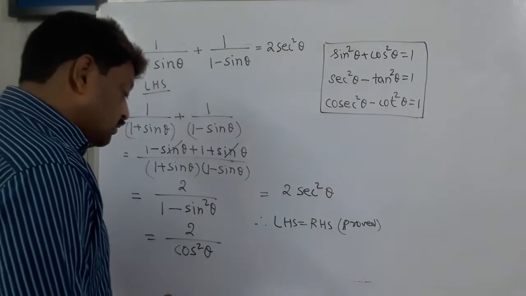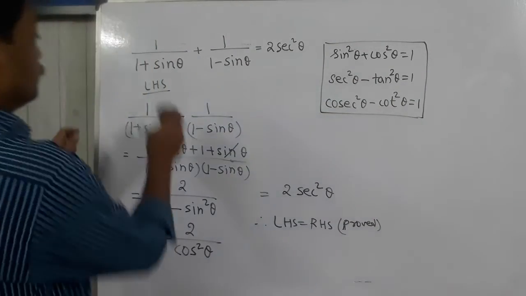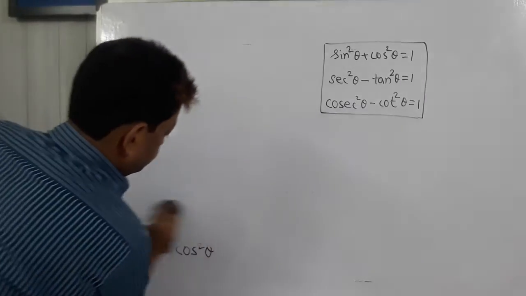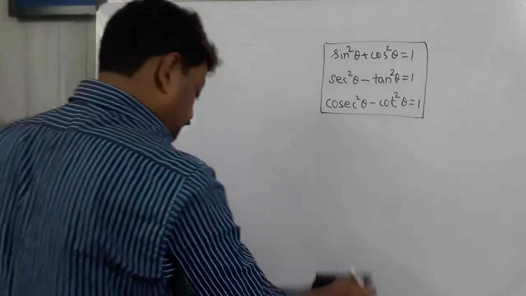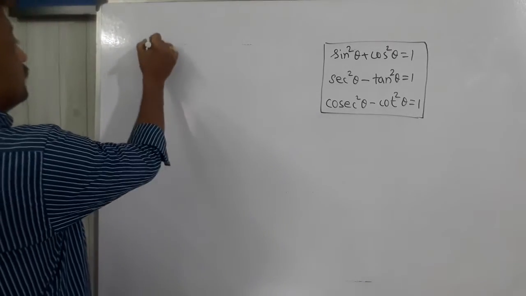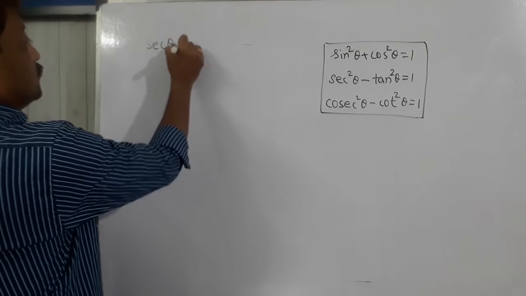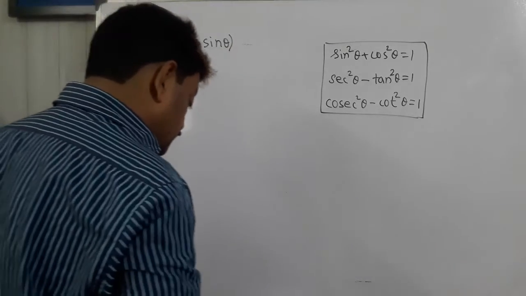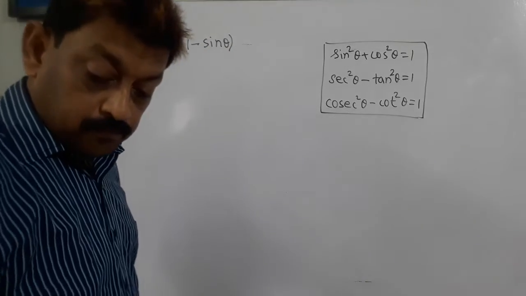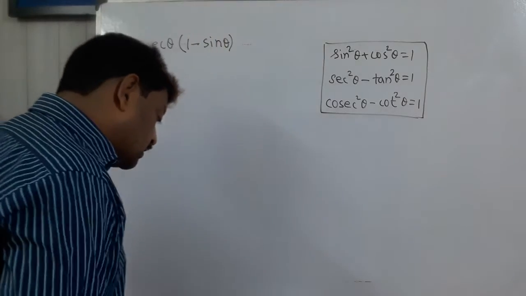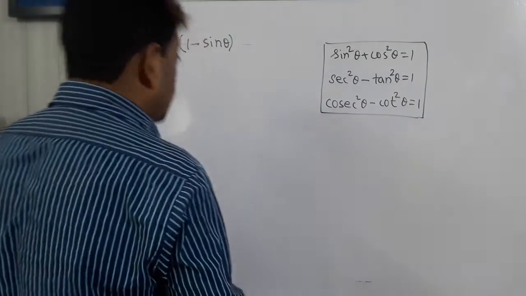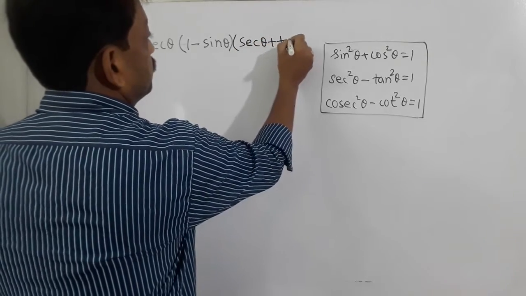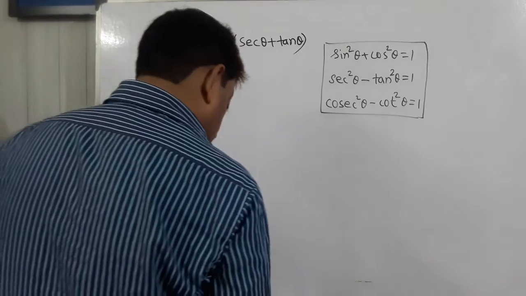Now I am going to solve one more problem. Sec theta multiplied with 1 minus sine theta, and multiplied with sec theta plus tan theta, and that is equals to 1.